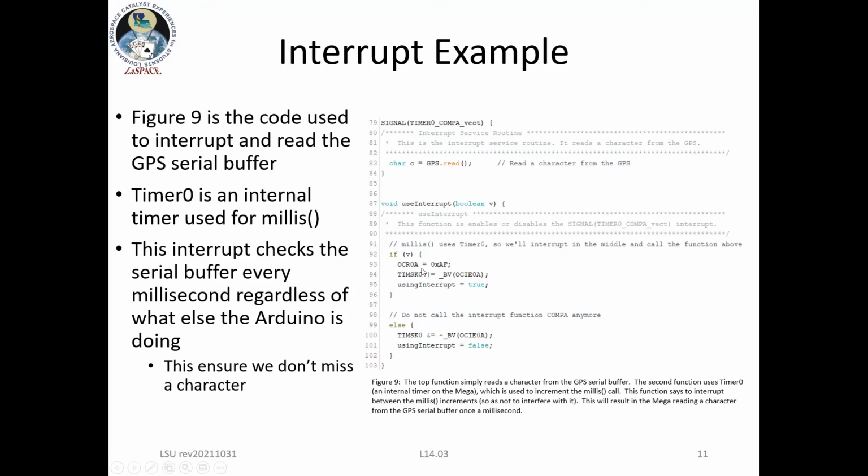This line here, and honestly, this is a little bit technical, and you probably don't need to worry about how this works, but you do want to use this code. This is setting the value that it's going to match timer 0 to, and then the next line below that, TIMSK0, is what actually turns that interrupt on or off.